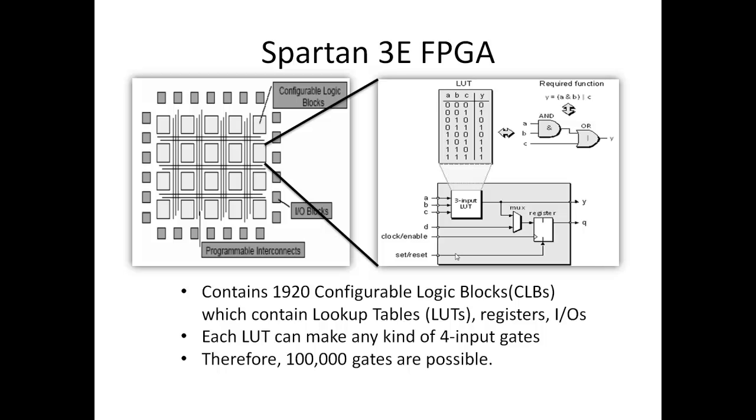Each CLB contains lookup tables, registers and IOs, and each lookup table can make any kind of 4-input gate. Therefore 100,000 gates are possible. If you want to create a gate that has more than 4 inputs, LUTs can be combined to form gates with higher inputs, and this is shown in this figure.